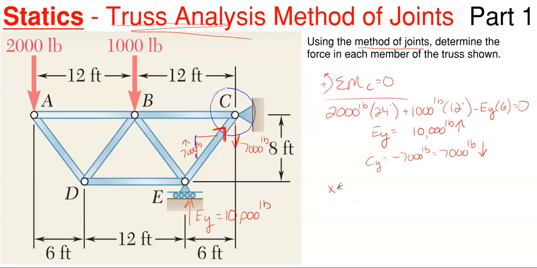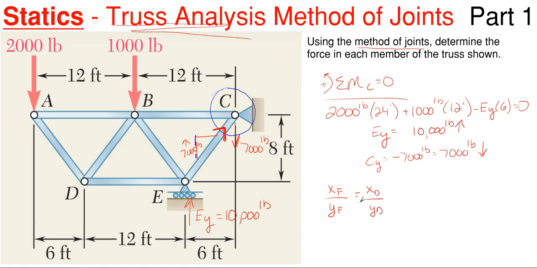So you would have your X force over your Y force is equal to the X dimension over the Y dimension. The X force would be your horizontal component. The Y force would be your vertical component. The X dimension would be your horizontal distance that diagonal member runs. And your Y dimension would be the vertical distance that diagonal member runs.